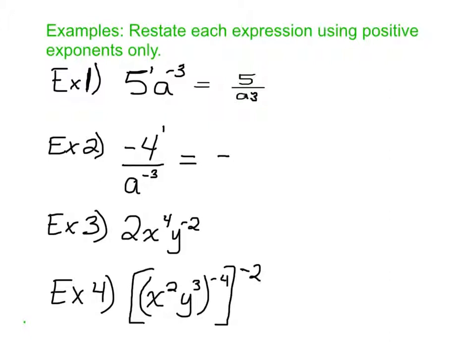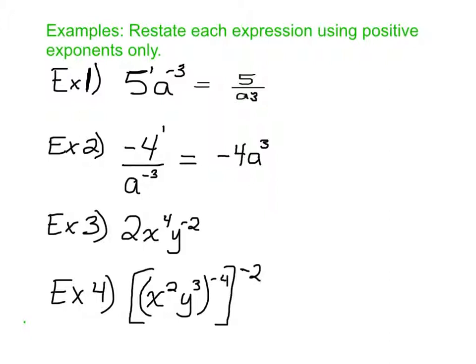Because negative 4 has a positive exponent, it's going to stay on the top of the fraction. A to the negative 3 is going to move to the top and become a to the power of positive 3. Notice how these two expressions are multiplied together. We are dealing only with multiplication and division of powers. We have no addition or subtraction for these rules.